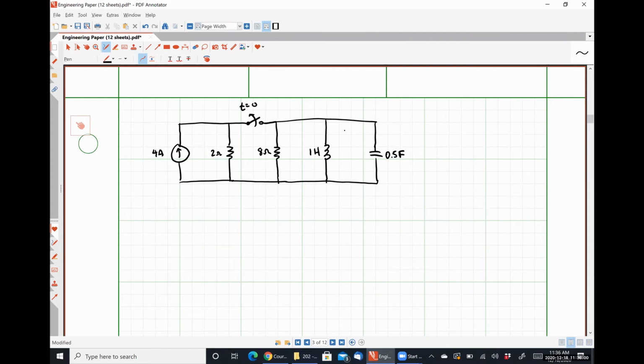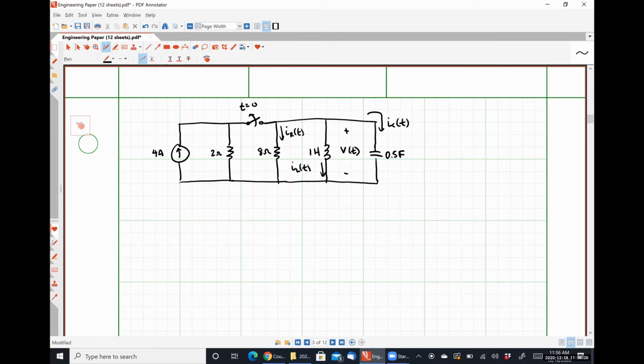So let's define them real quick, just to be clear. V of t, and let me make it less explicit, so it's just V of t. Here's IC of t. Here's again IL of t. And here is IR of t.